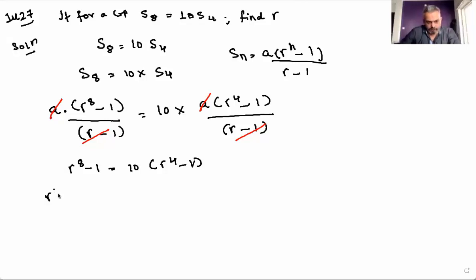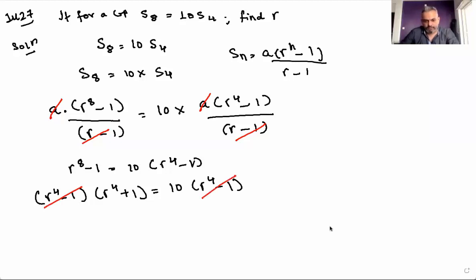So R raised to 4 minus 1 in the bracket R raised to 4 plus 1 is equal to 10 into R raised to 4 minus 1. So R raised to 4 minus 1 cancels.